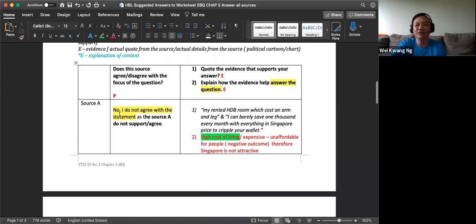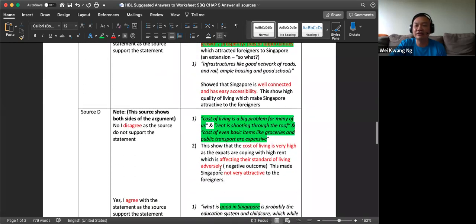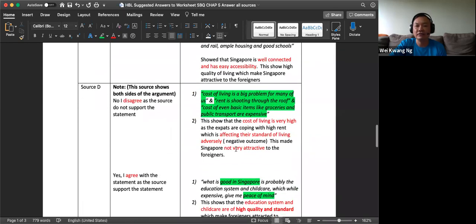So each source, one paragraph. I disagree with the statement because source A disagrees, then quote the evidence, and this shows that, and of course link it up. This shows that there's high cost of living and so on and so forth. Therefore, Singapore is not attractive. So this is one paragraph. This is another paragraph, and then you can move on and talk about this.